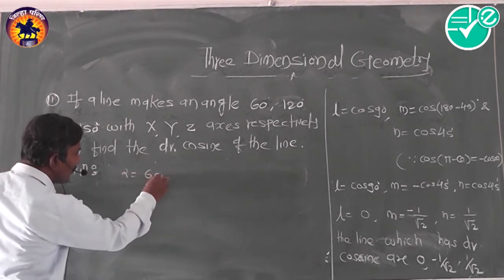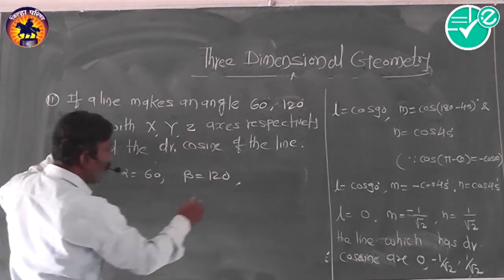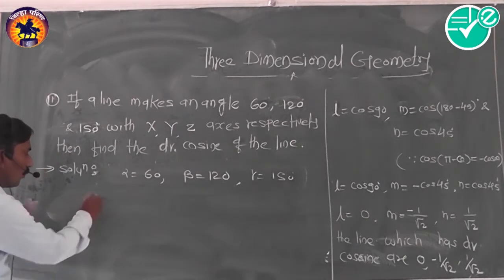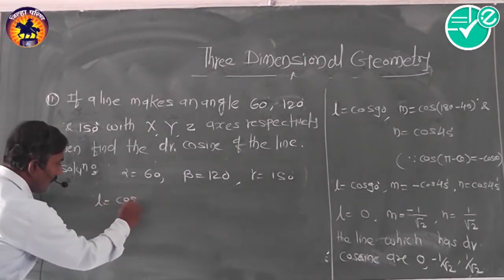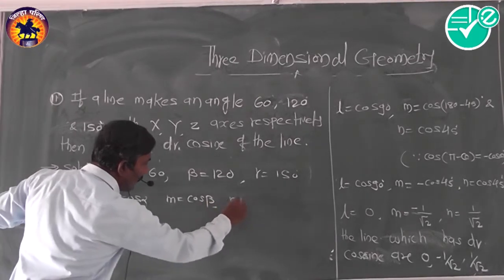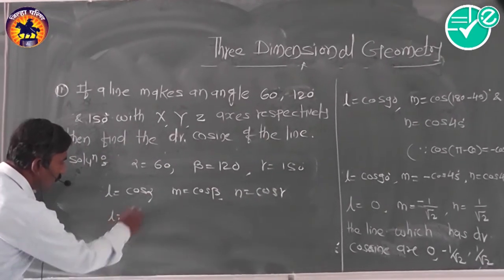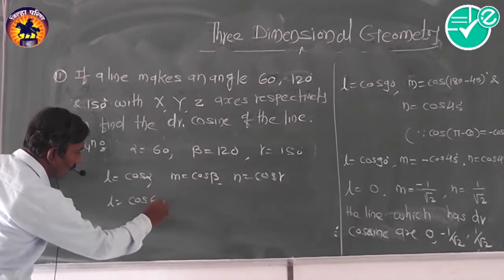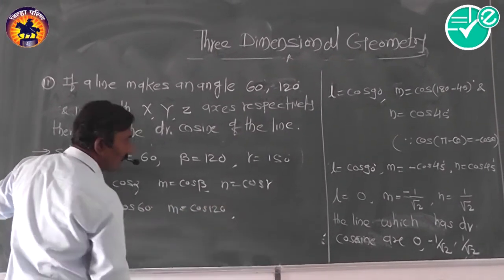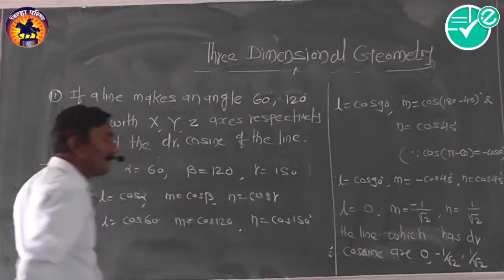Alpha is given as 60, beta is given as 120, and gamma is given as 150. So we have l equal to cos alpha, m equal to cos beta, n equal to cos gamma. So l is equal to cos 60, m is equal to cos 120, n is equal to cos 150.